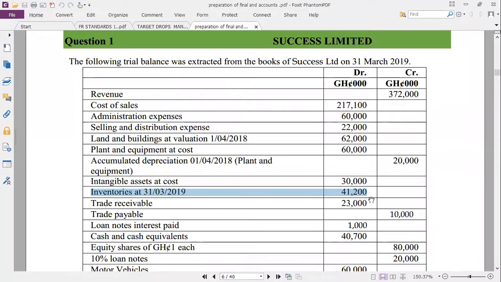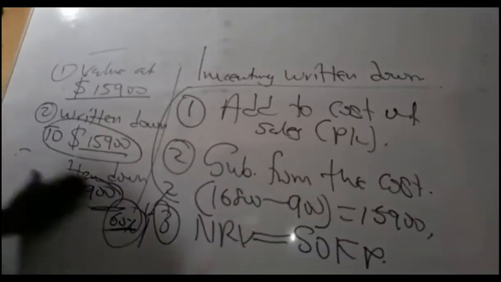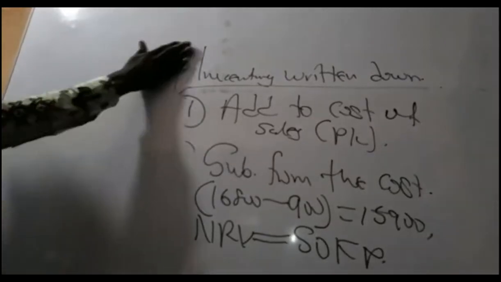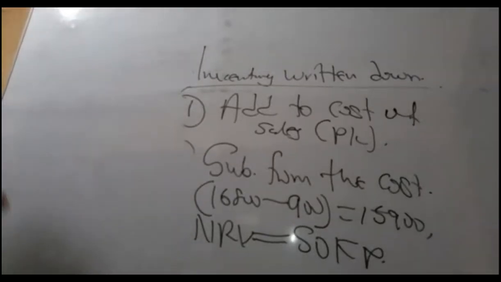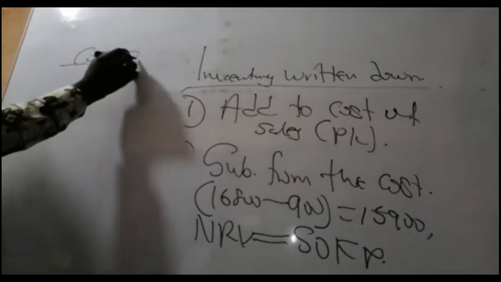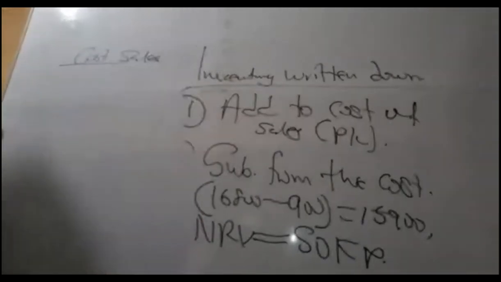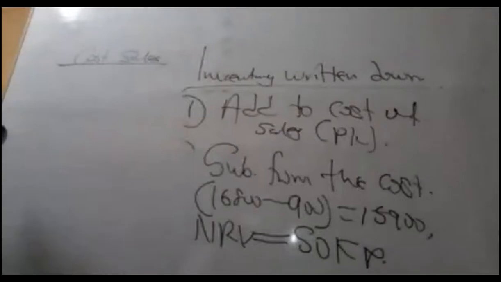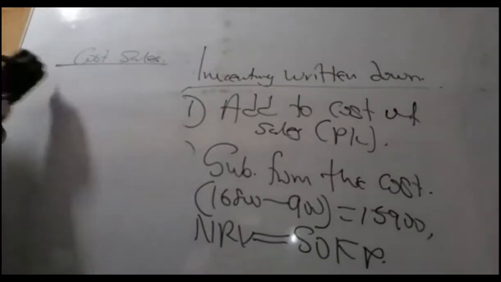Now let's see the accounting treatment on the board. For Success Limited, all I have to do is go to my cost of sales calculation, because here the examiner prepared the cost of sales already. You have to do this if the NRV is the lower. Now let's see.